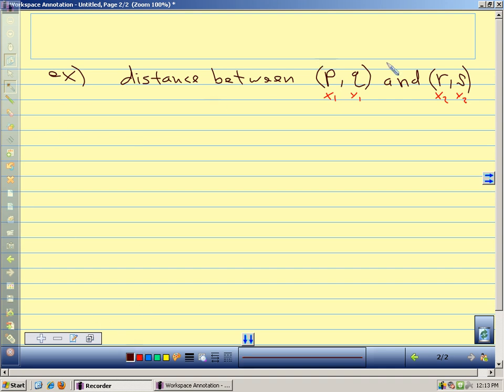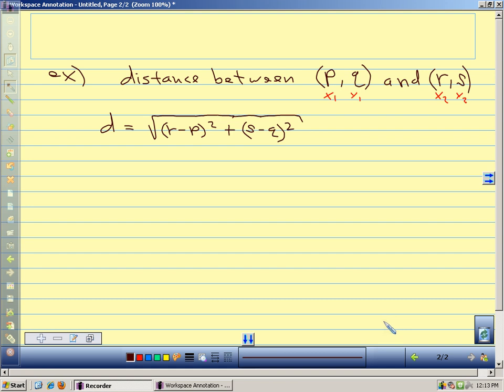And I'm just going to plug these points into the distance formula. So the distance equals the square root of x2 minus x1, r minus p, squared plus y2 minus y1, s minus q, squared.